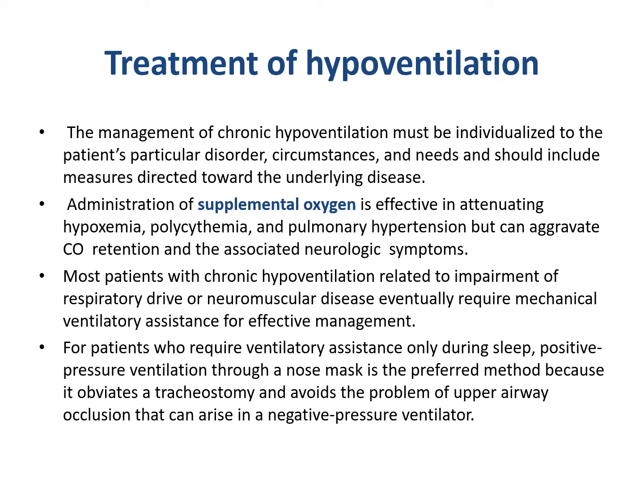Most patients with chronic hypoventilation related to impairment of respiratory drive or neuromuscular disease eventually require mechanical ventilatory assistance for effective management. For patients who require ventilatory assistance only during sleep, positive pressure ventilation through a nose mask is the preferred method because it obviates a tracheostomy and avoids the problem of upper airway occlusion that can arise in a negative pressure ventilator.